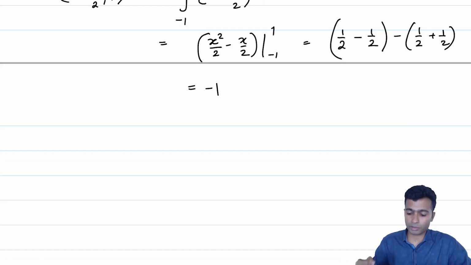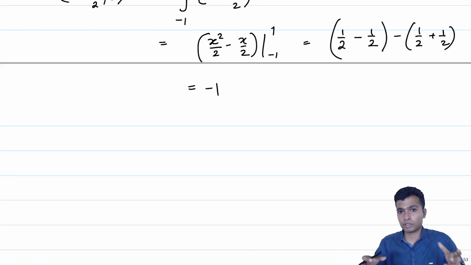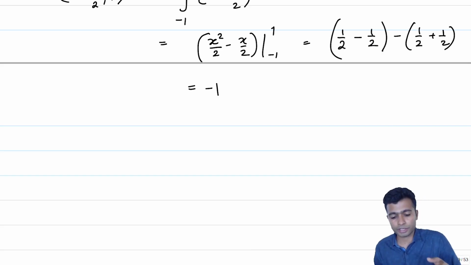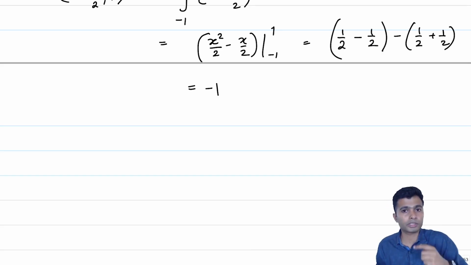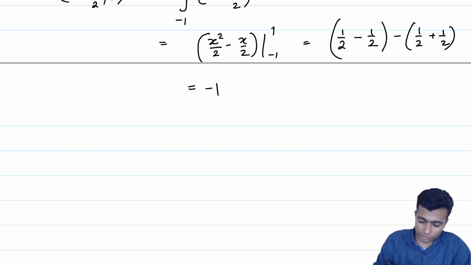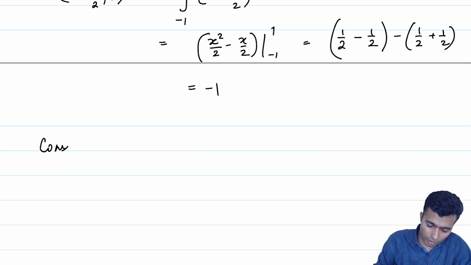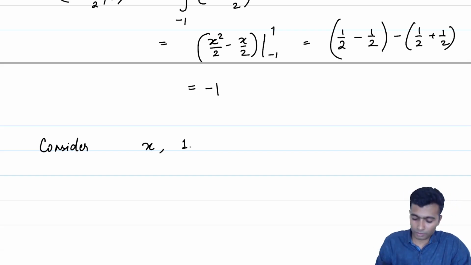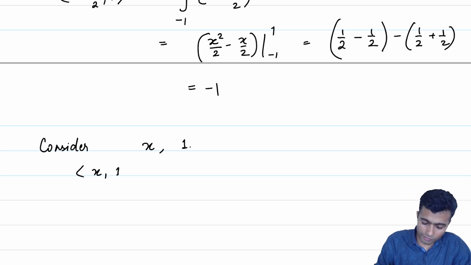Let's look at one more example to show the other way. Let's consider two polynomials which are orthogonal with respect to the second inner product, but not with respect to the first one. So consider just the polynomial x and 1. What is the inner product of x with 1? Let's put a prime here.